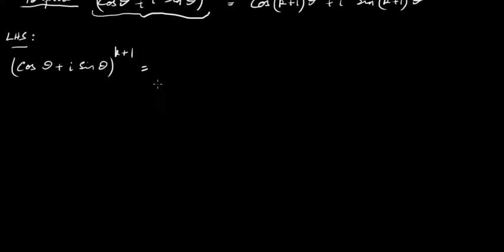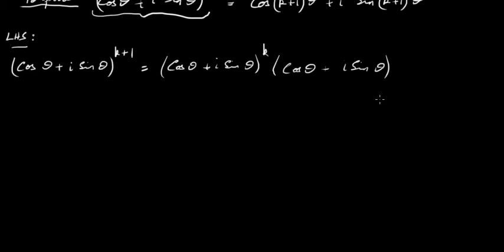We can break this up into (cos theta + i sin theta)^k multiplied by (cos theta + i sin theta). All I'm doing here is saying something like x to the power of k plus 1 is just equal to x to the power of k times x to the power of 1.